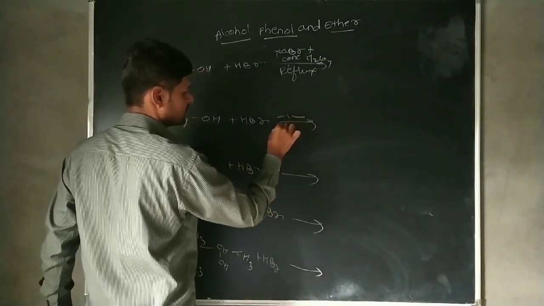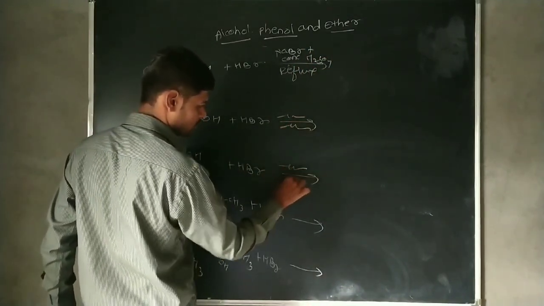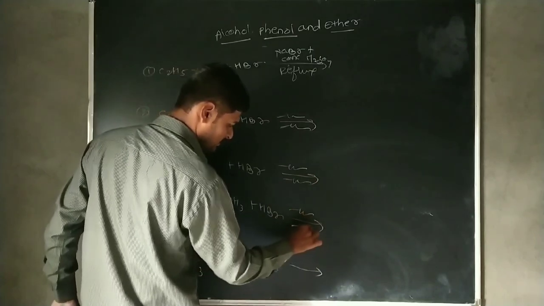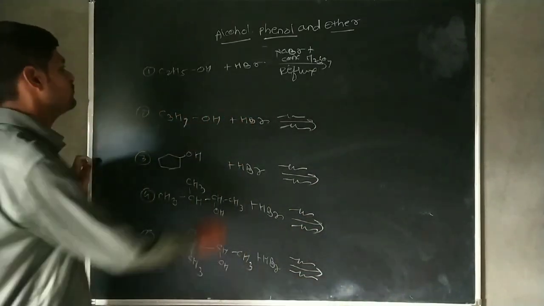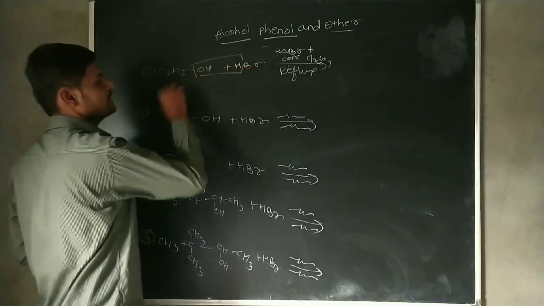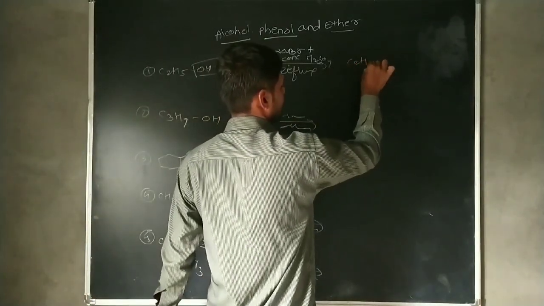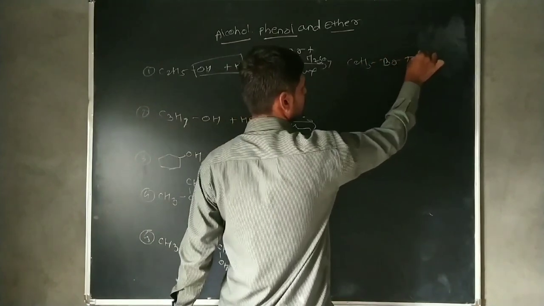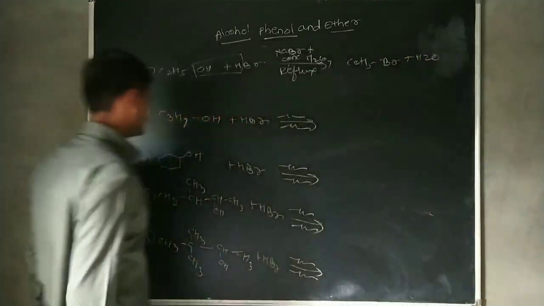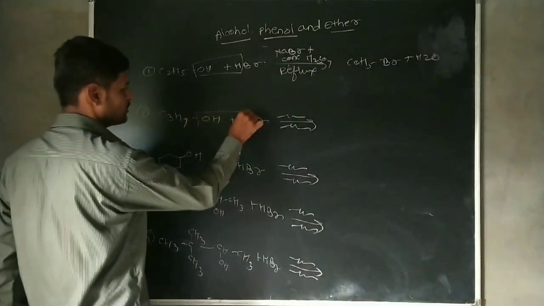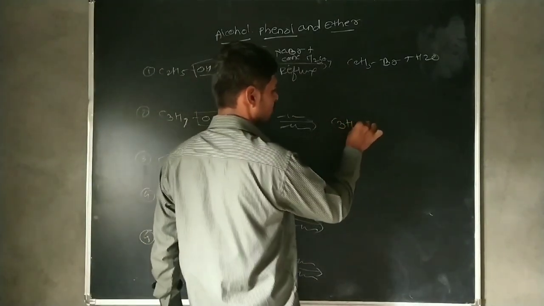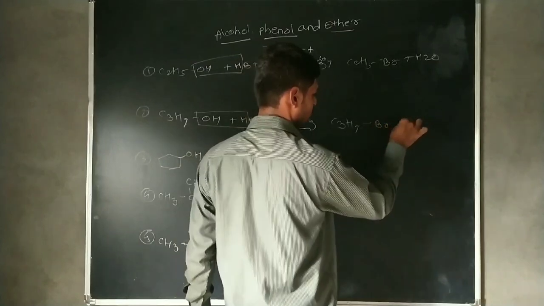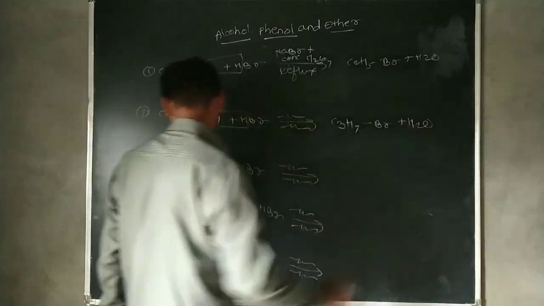A similar reaction condition is used in all these reactions. Then a water molecule is eliminated, and ethyl bromide is formed plus water. From this molecule the water molecule is also eliminated, and it forms the respective alkyl bromide plus water.